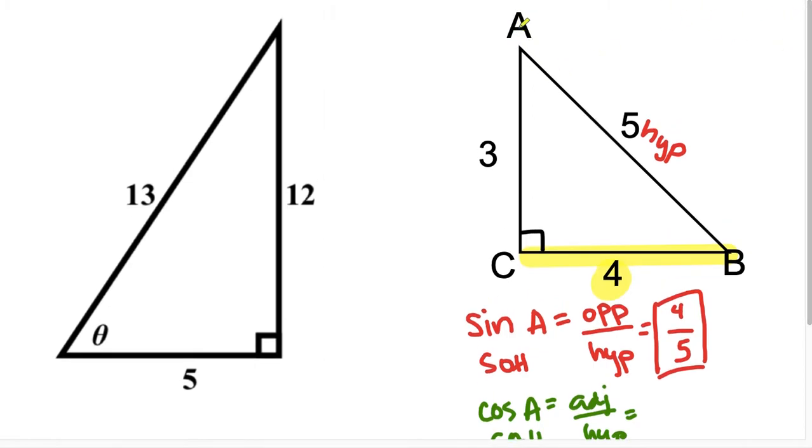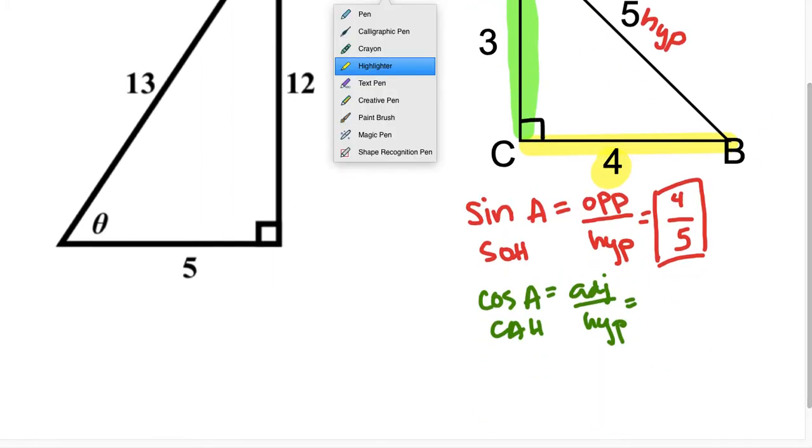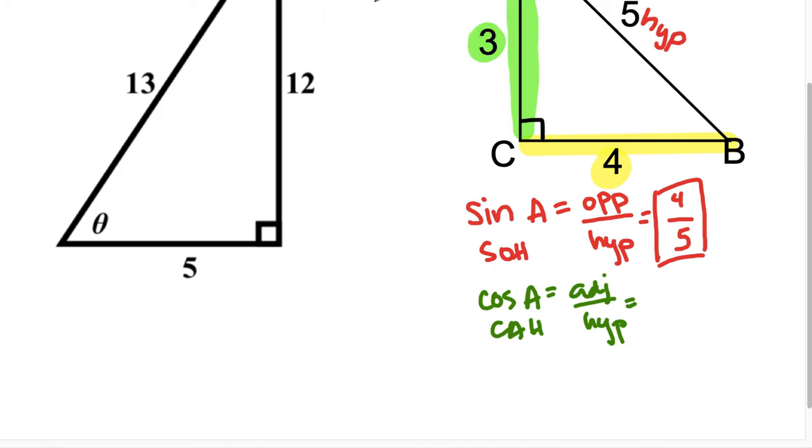If this is the hypotenuse and this is the opposite side of A, then this has to be the adjacent side. It's the one next to A, but not the hypotenuse. In this case, 3 is the adjacent side. So I'm going to place the number 3 at the numerator, and then the hypotenuse is 5. So 3 over 5 is the ratio of cosine of angle A.